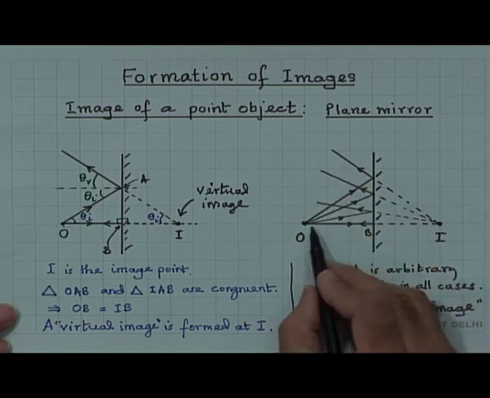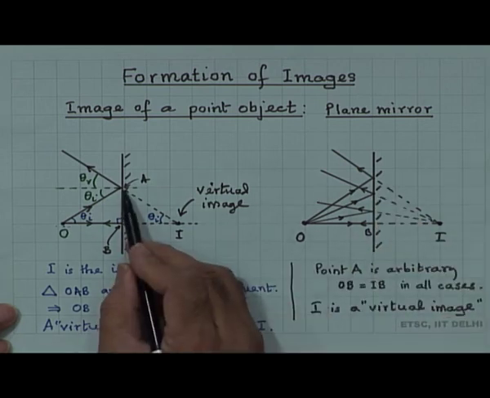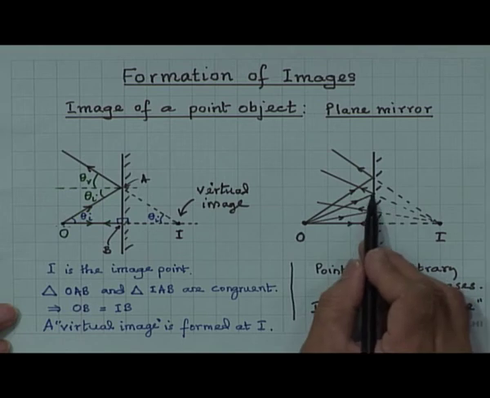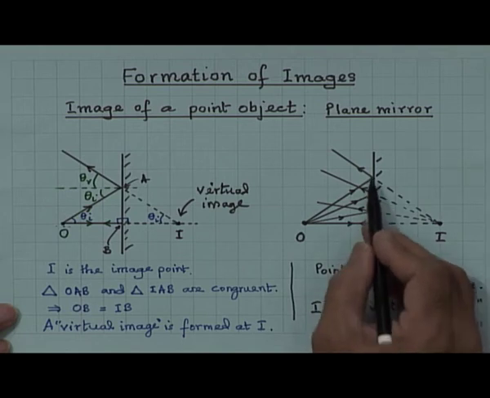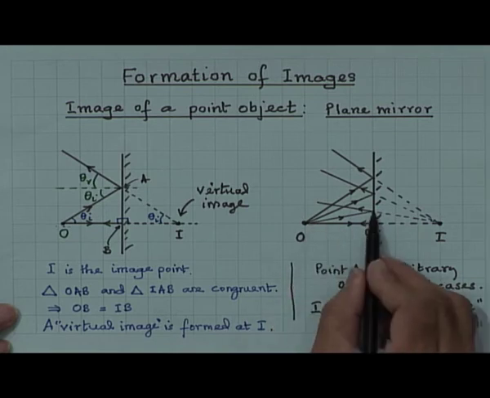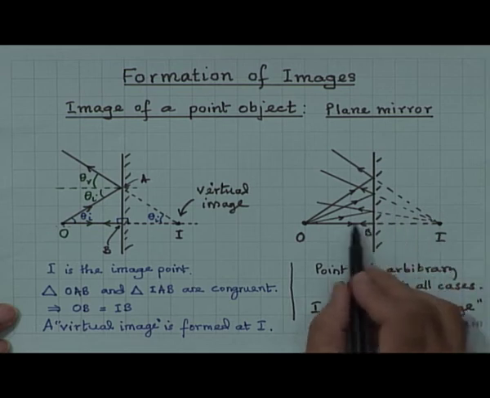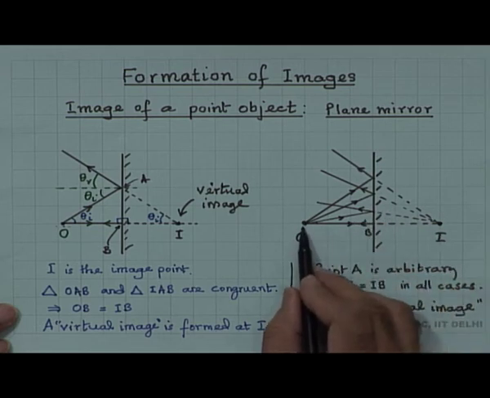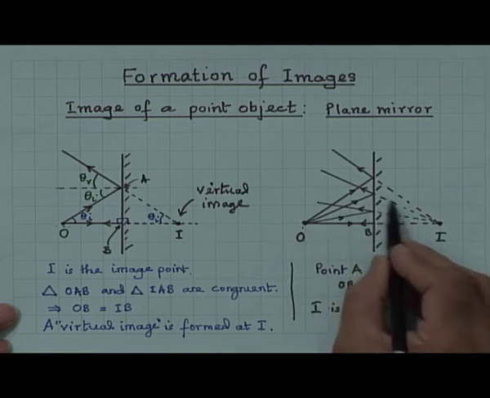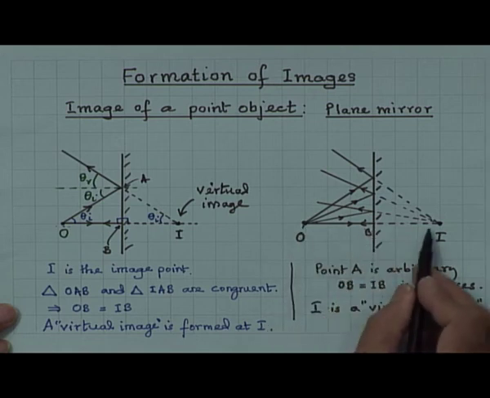Without loss of generality, we could have taken any ray at any angle. We have taken a point A here, but the point A could as well be here. Any of these could have been A, and every time we will see that these two triangles will be congruent, and it tells us OB is equal to IB.